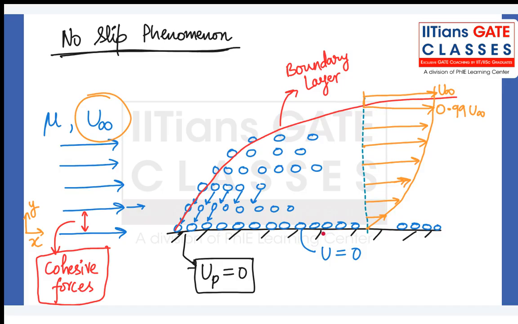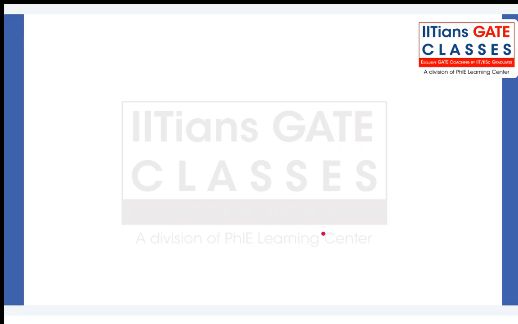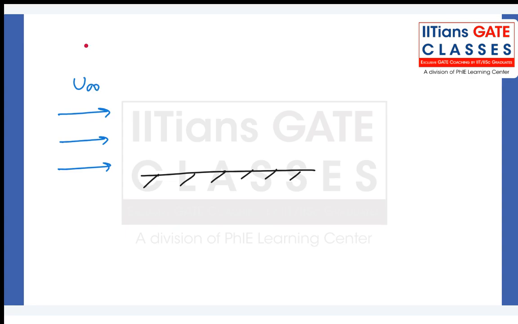No. So let us say this is a surface, again, this is a plate, and my fluid is coming like this with some velocity u infinity. And it is inviscid, means no viscosity. Inviscid flow. Viscosity is 0.